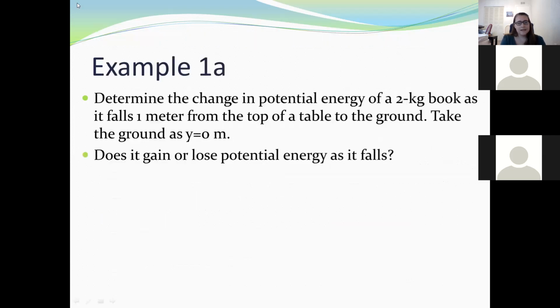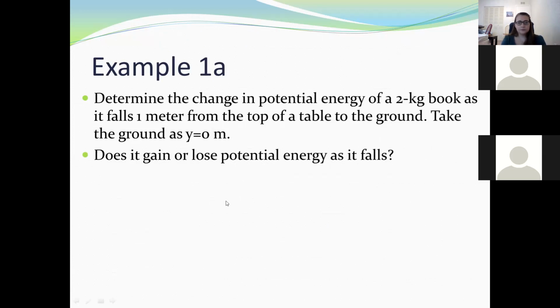Okay. So example 1a. Determine the change in potential energy of a 2 kilogram book as it falls 1 meter from the top of a table to the ground. And this time we're going to take the ground as our zero point, y equals 0 meters. And as we go through this, I want you to think, does it gain or lose potential energy as it falls?